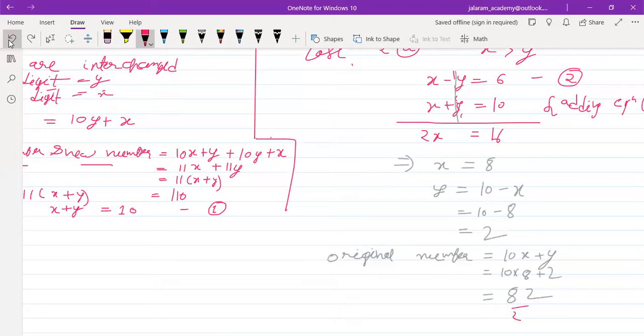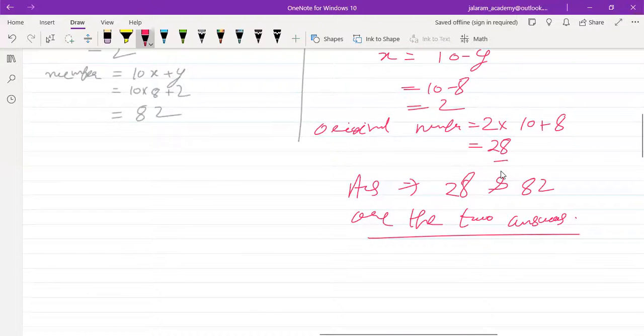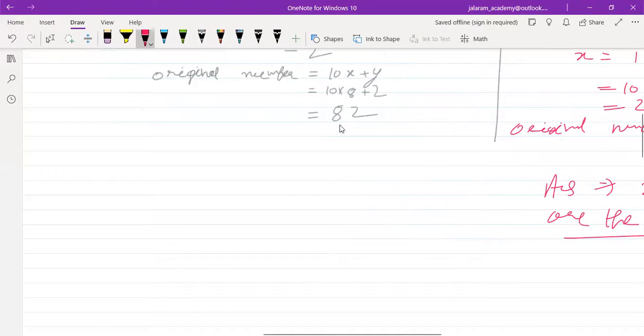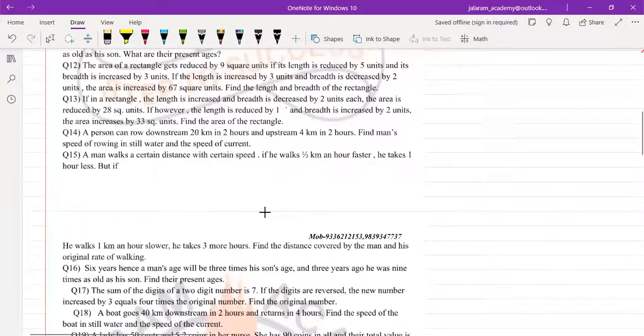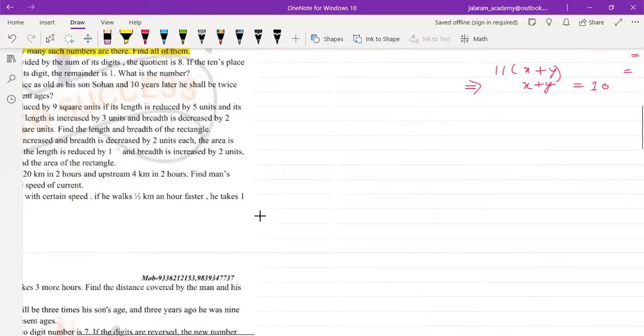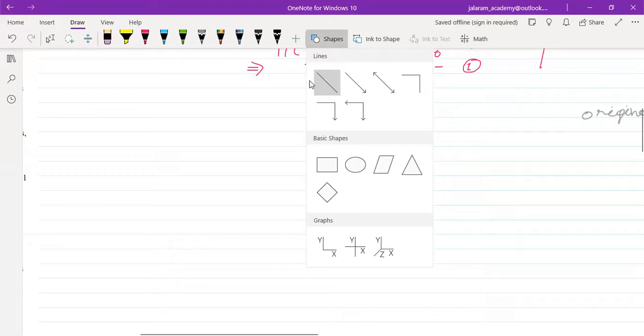So this answer is correct. And in the second case, 28 is the answer, its interchanged number is 82. On adding it gives 110, and the difference is 6 again. So in this way, we can find the solution of this question and check the answer also. Okay, so let's discuss the next question.